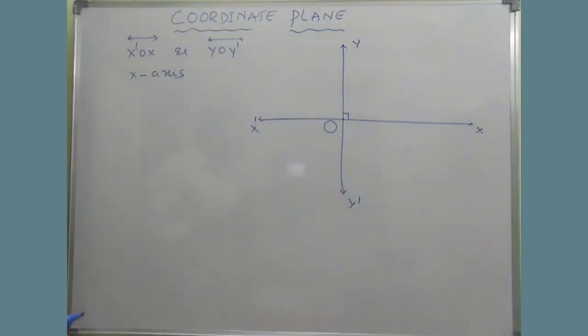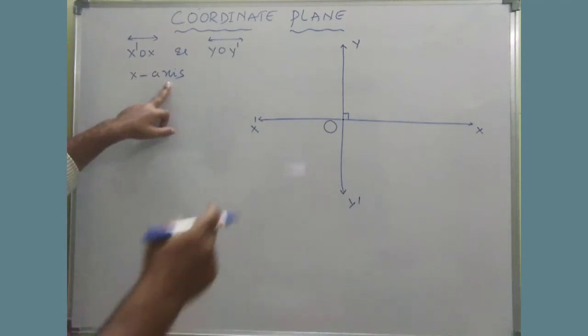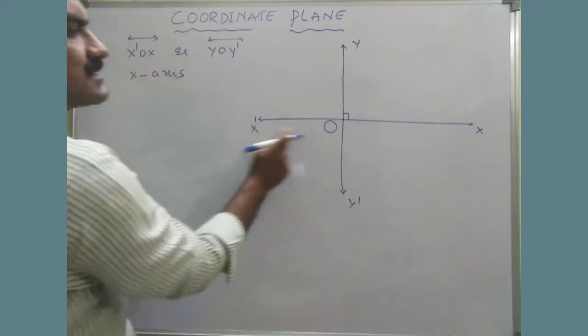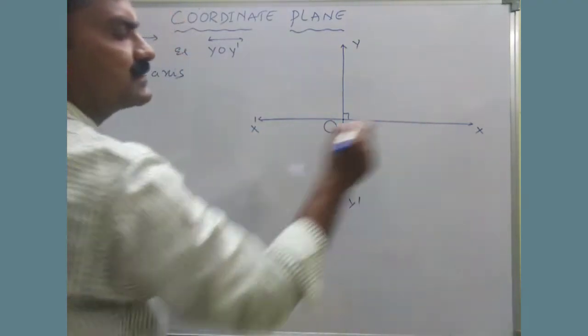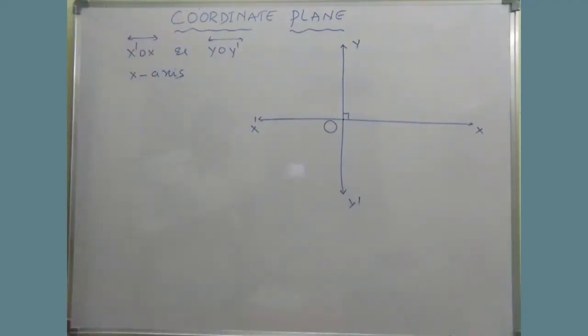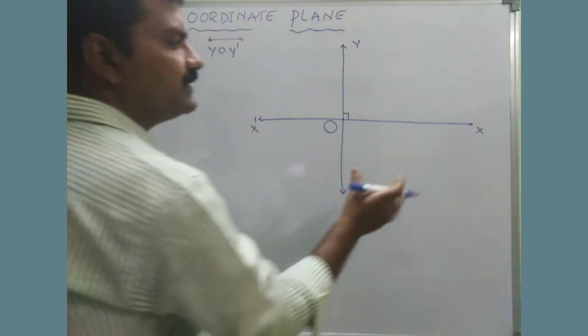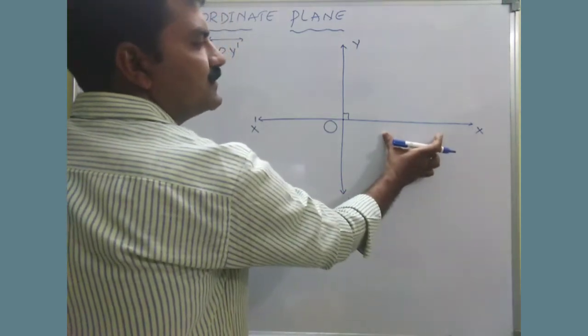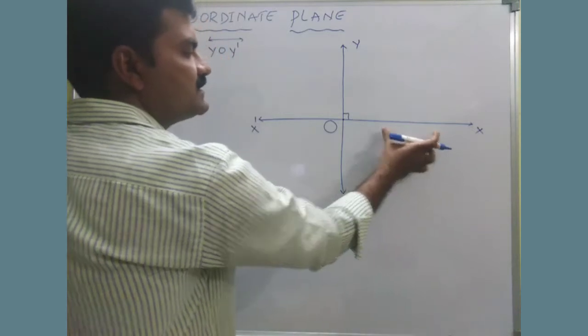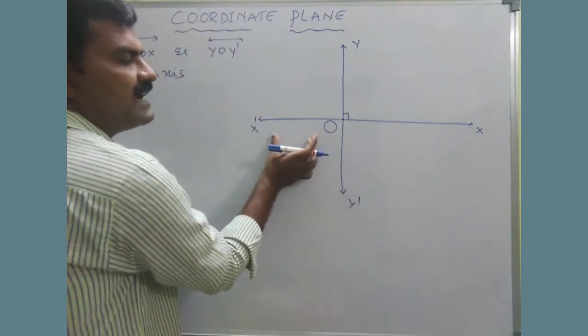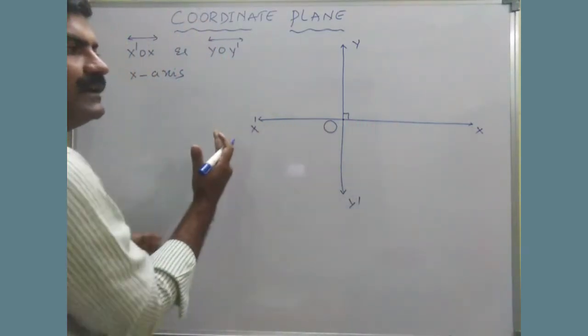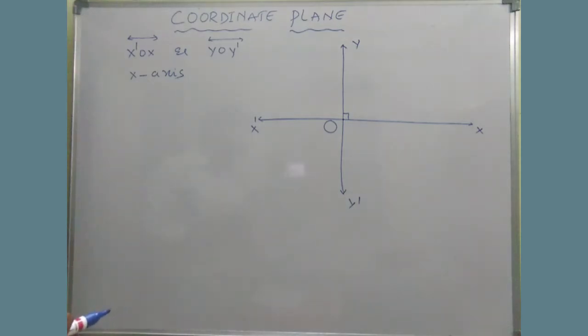But among all those horizontal lines, only one line passes through the origin, and that is called the x-axis. I mean the line x dash Ox is nothing but the x-axis. In that, Ox is called the positive x-axis and Ox dash is called the negative x-axis.